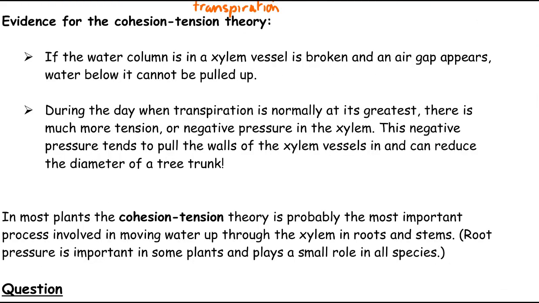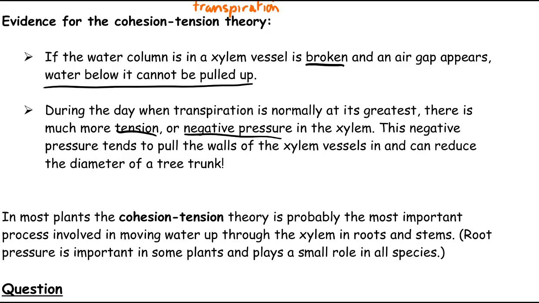Now, the evidence for the cohesion tension theory then is this. If the water column in a xylem vessel is broken and an air gap appears, water below it cannot be pulled up. So if you get a broken water column, the water below it will not be pulled up. During the day when transpiration is normally at its greatest, there is much more tension or negative pressure in the xylem.